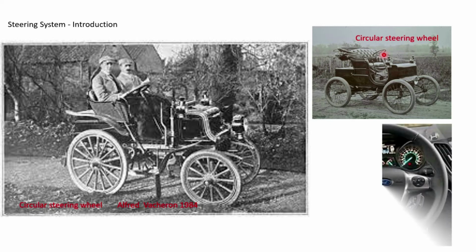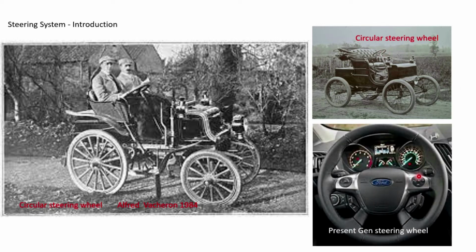Then the modern steering wheel looks like this, with many other functions embedded in it. The horn is here, the light controls, indicator controls, and so many other controls. Music controls, even nowadays the mobile control, everything is in the steering wheel.